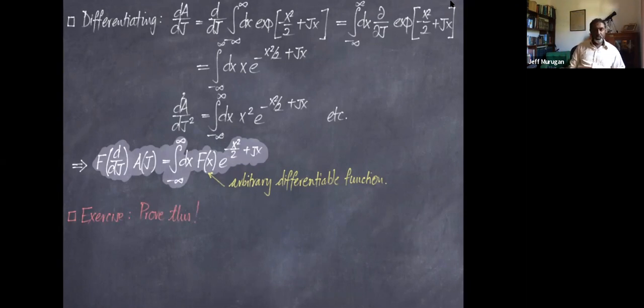A hint for this is to use Taylor expansions. That's why I needed this function to be a differentiable function. And next time, we're going to complete this exercise by using this relation to solve the integral, to approximate the integral I of lambda that we started off with.